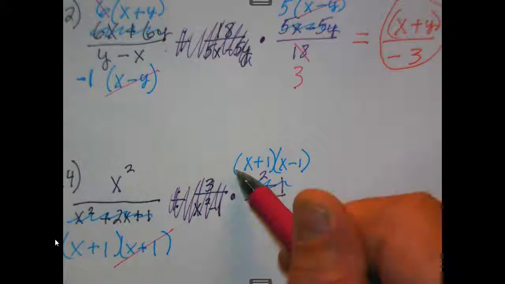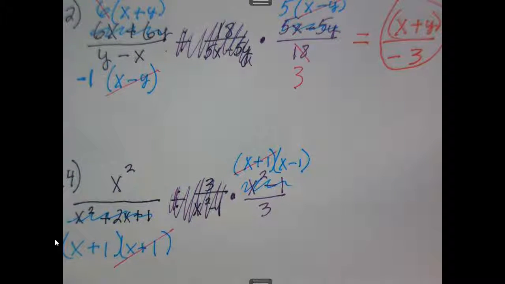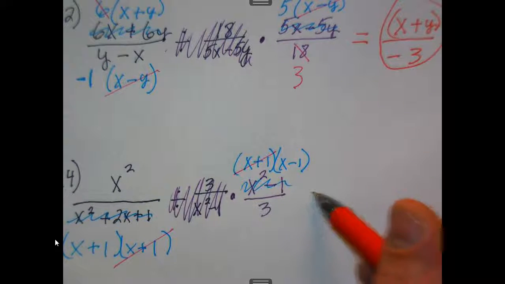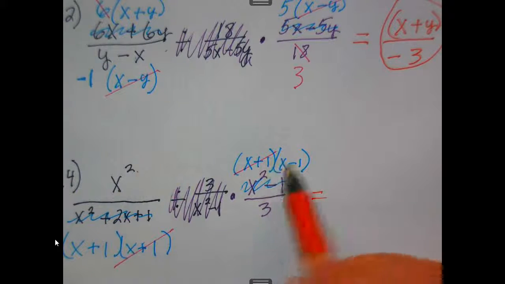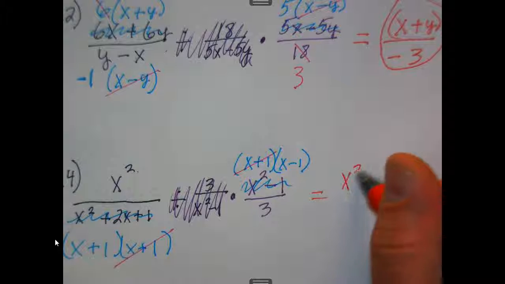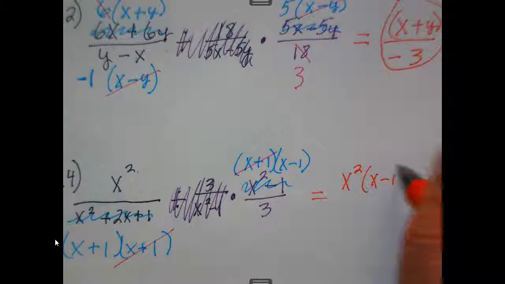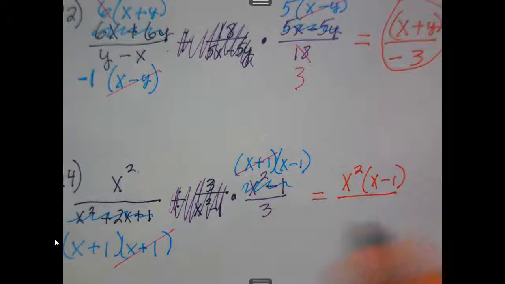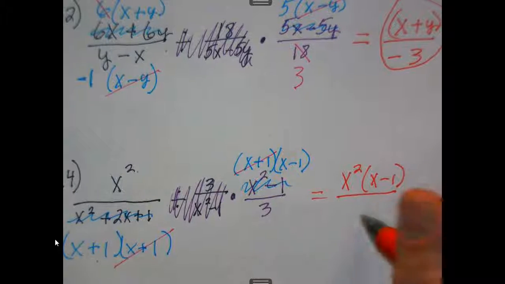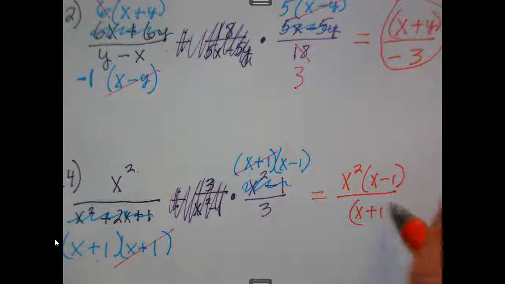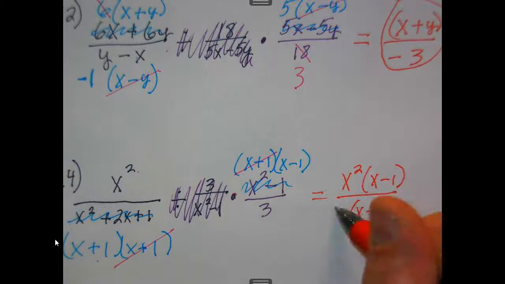See, one of the x plus 1s. I think that's it. I have x squared times x minus 1 over x plus 1 times 3.